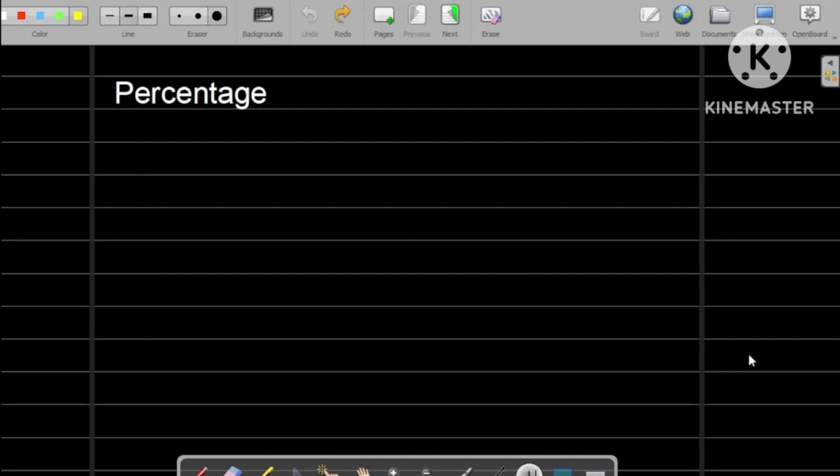Banks have lowered the rate of interest on fixed deposits from 8.5% to 8%. In all the above statements, the important word is percent. The word percent has been derived from the Latin word percentum, meaning per hundred or out of hundred.